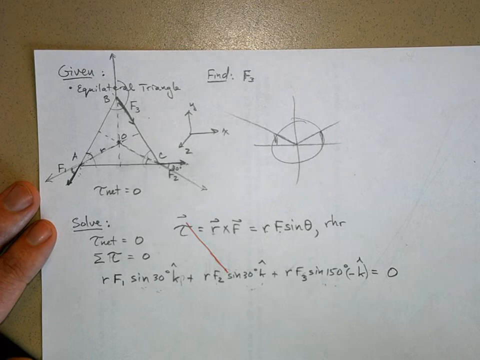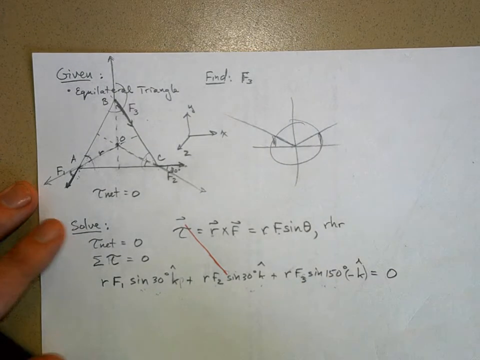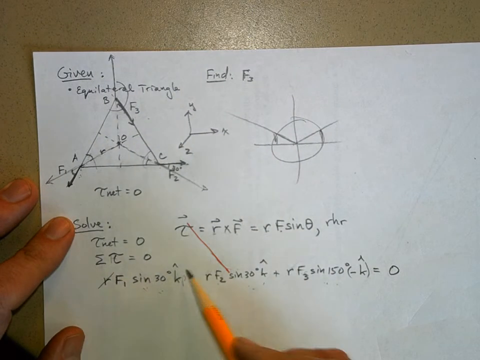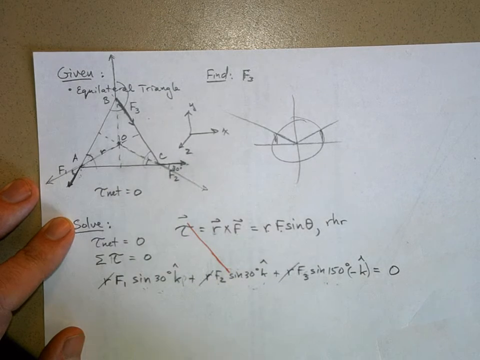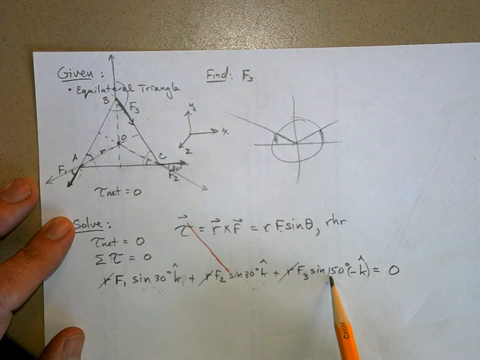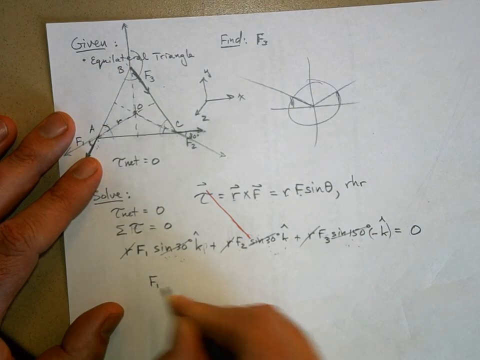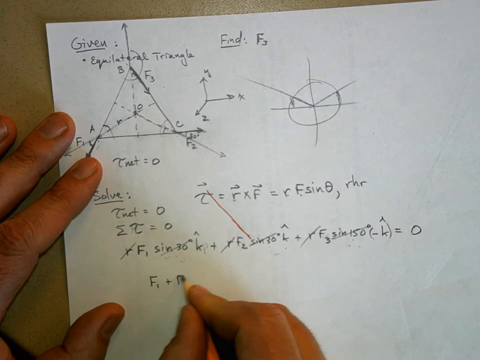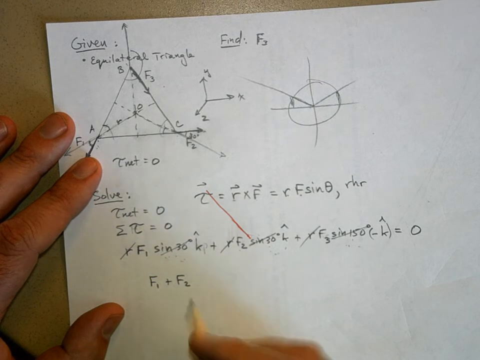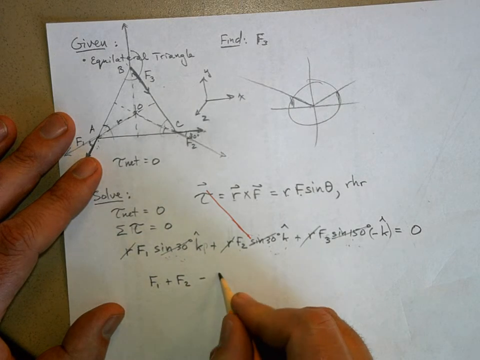Okay? And, well, we can cross out the R, right? Because it's just divide both sides by R. And sine 30 is equal to sine 150, so that cancels out. And so what I'm left with is F1 plus F2 minus F3.